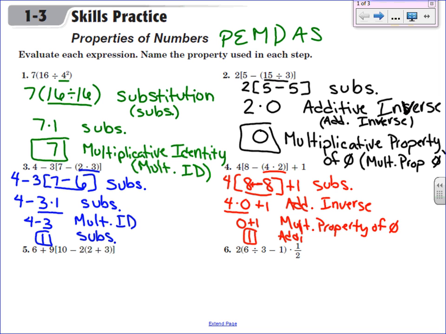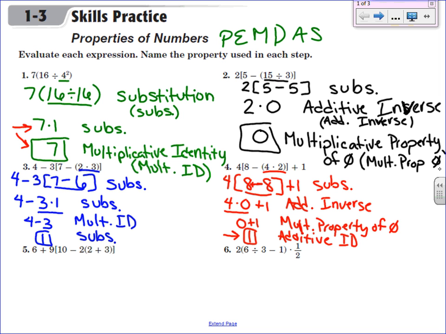Anytime you end up with the same number back, it's going to be an identity problem. So in this one, when we add 0, we end up with that same number back. That's the additive identity. In number 1, when we multiplied by 1 and got the same number back, that was the multiplicative identity, because you were multiplying and got the same number instead of adding and getting the same number.